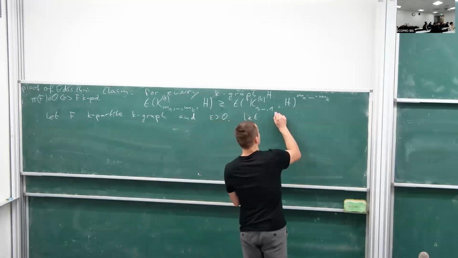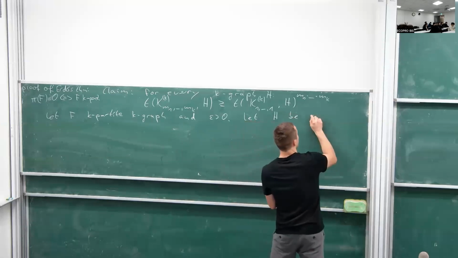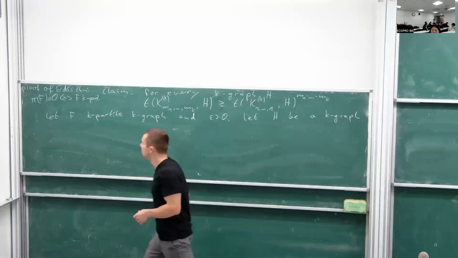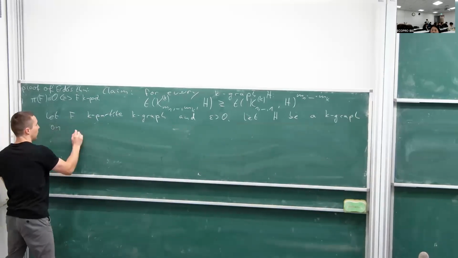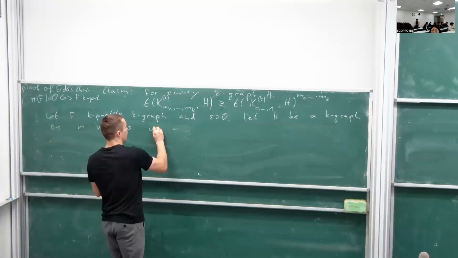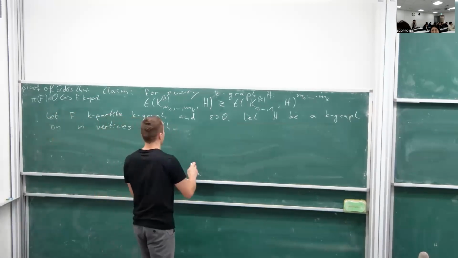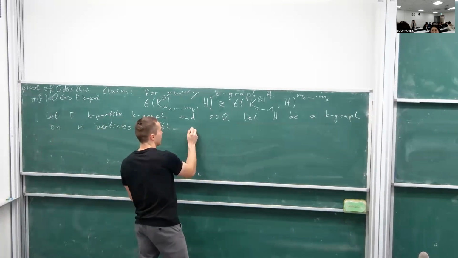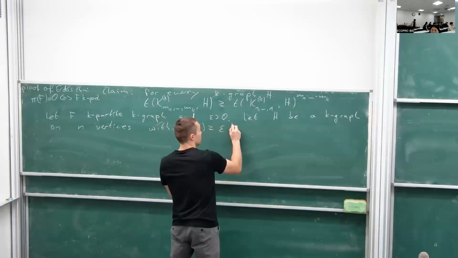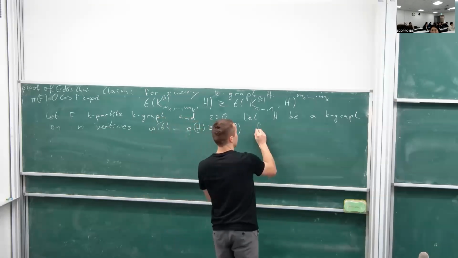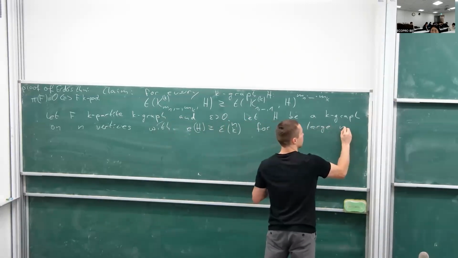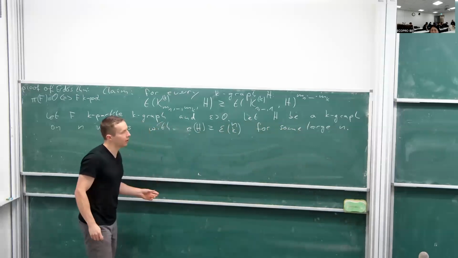Let now H be a k-graph on n vertices with epsilon density, and it's assumed that our n is large.